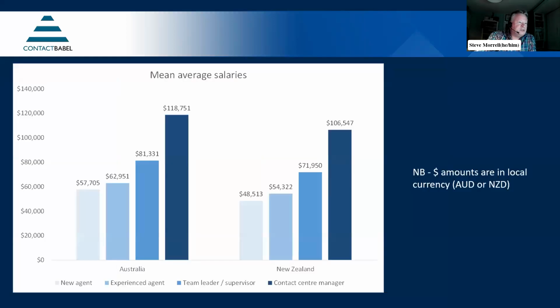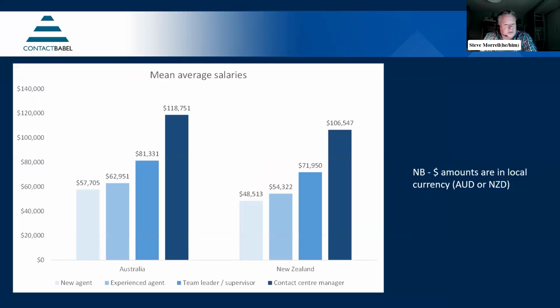I mean, everyone's interested in salaries. So here's a top level snapshot looking at the mean average salaries paid for 4 different contact center job roles. As you'd expect, the Australia chart is on the left, in Australian dollars, and the chart on the right, New Zealand, is in New Zealand dollars.